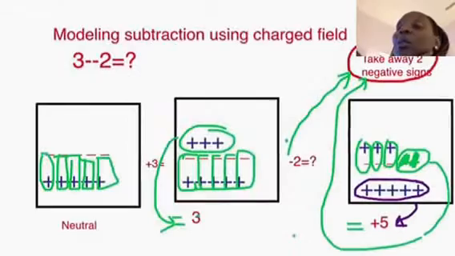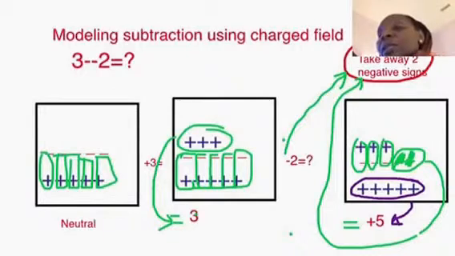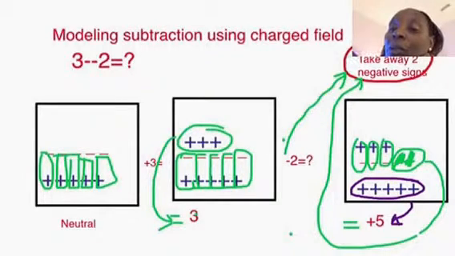Finally, let's use the charge field to model subtraction. So for example, let's have 3 minus minus 2. So again, we start with a neutral charge. 1, 2, 3, 4, 5 positive charges, 1, 2, 3, 4, 5 negative. So it's neutral.